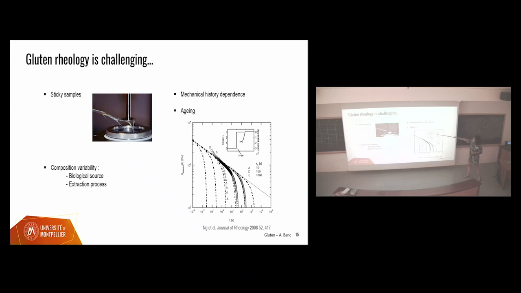Here's an example of a stress relaxation measurement that was performed at different aging times. You see that the measurement at short time is the same, but the long time decay is different and evolves after different aging times.